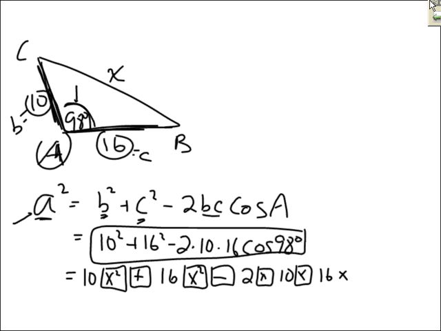You can always hit times; some calculators you don't even have to. Then you hit cosine. On my calculator, it gives you the open bracket. You should then type in 98, and then hit equal, and you'll get your answer. And then take the square root of that, because you don't want to know what A squared is, you want to know what A is.